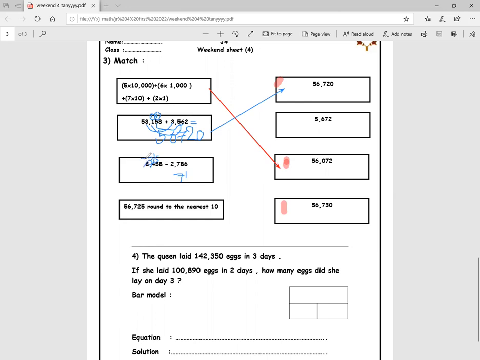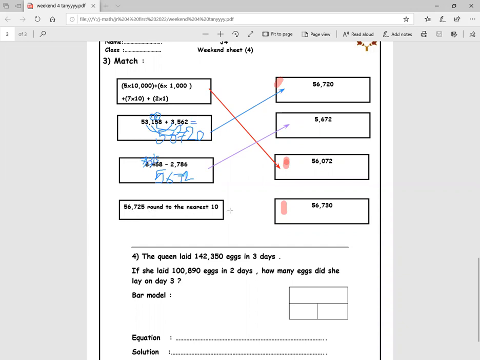So this will be 7 and this will be 13. 13 minus 7, let's count after 7: 8, 9, 10, 11, 12, 13. So the answer will be 6. 7 minus 2, 5. So my final answer is 5,698. Okay, this one.